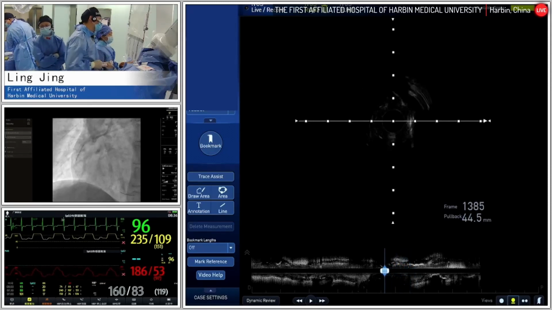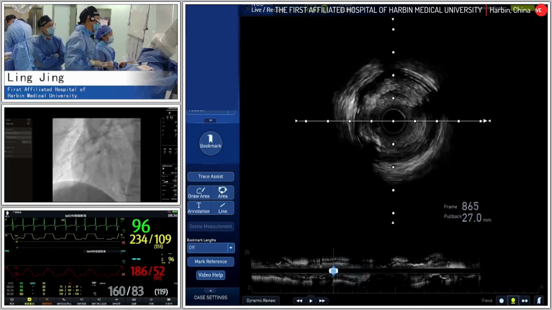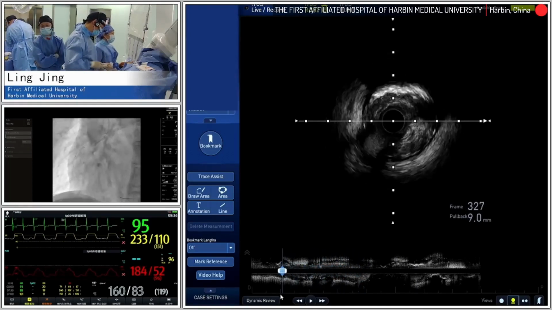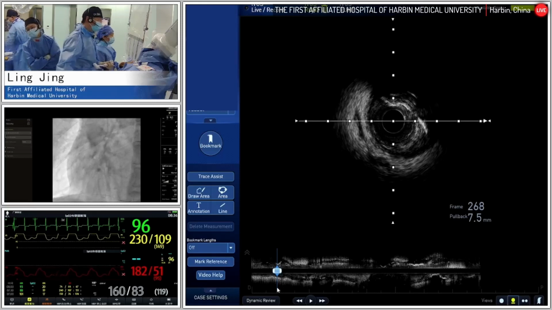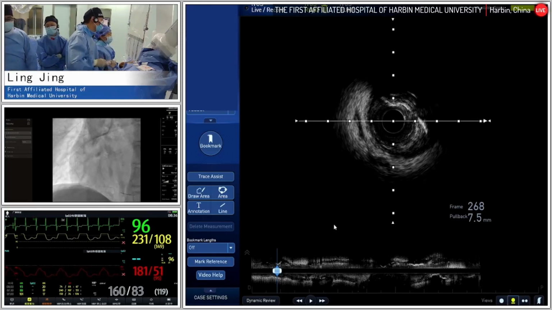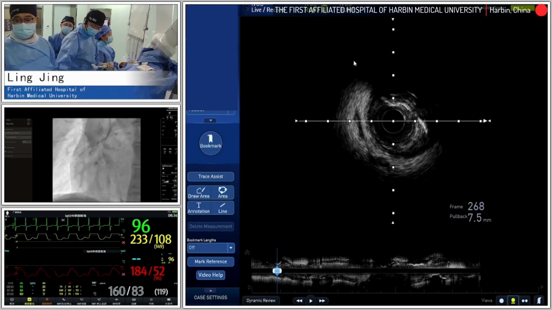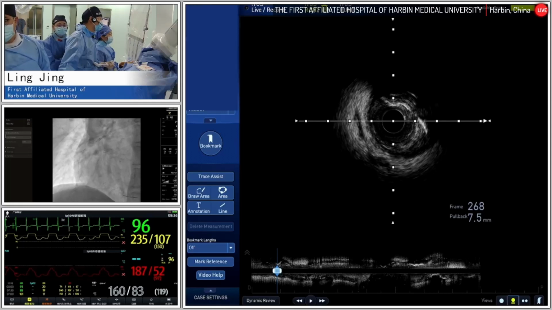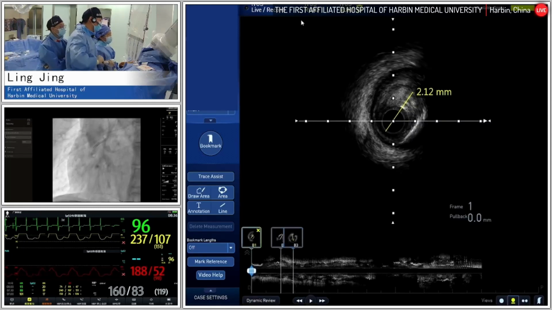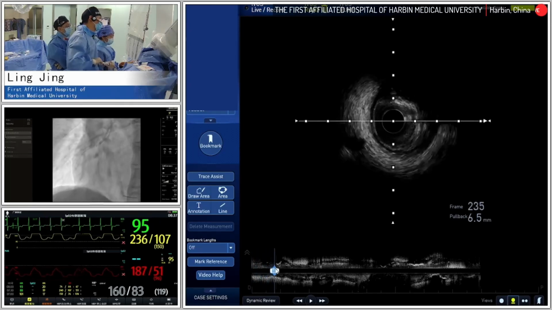So our senior technician, Professor Qi, what's the first stent length? Maybe the first one is 2.5 or something. How long for the first stent?